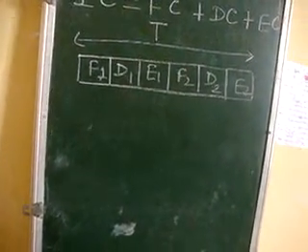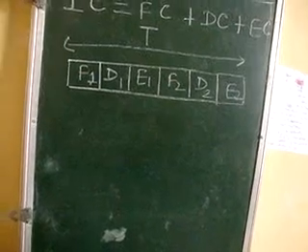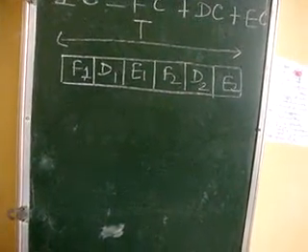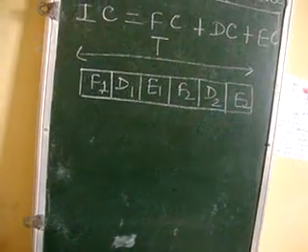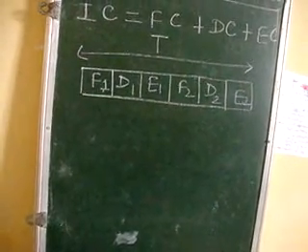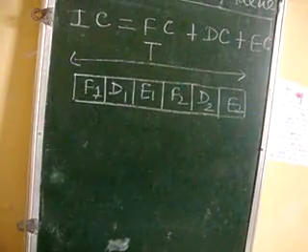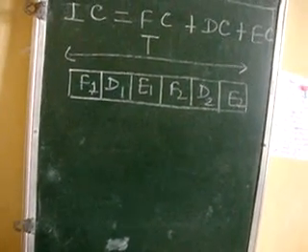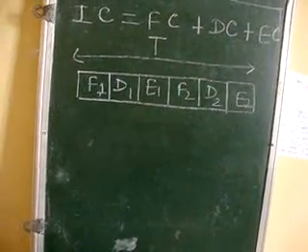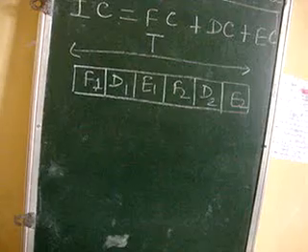So as we know that in pipeline architecture, what will happen? Fetching is a process that can occur in bus interface unit, while decoding and execution can occur in execution unit.